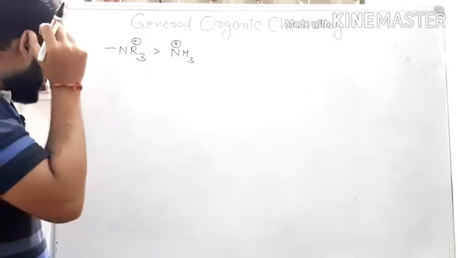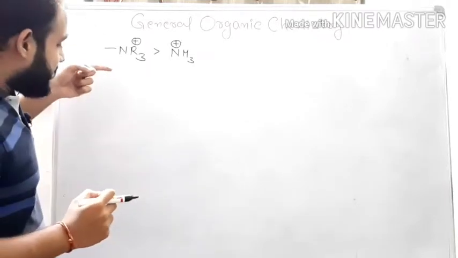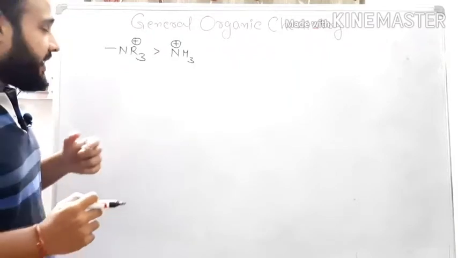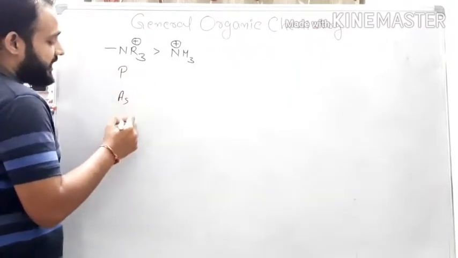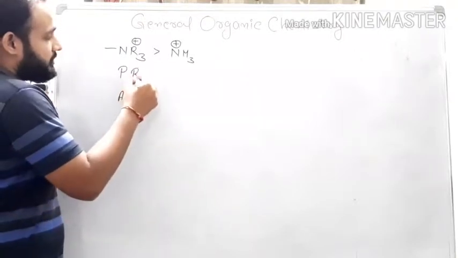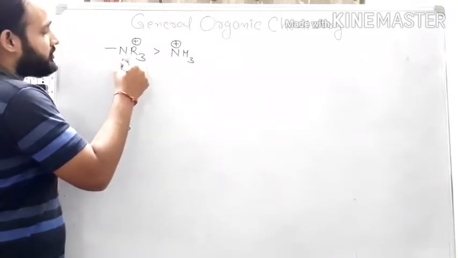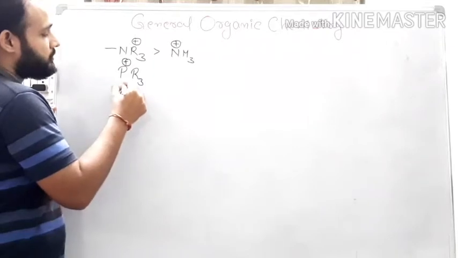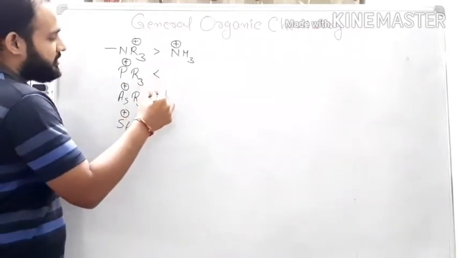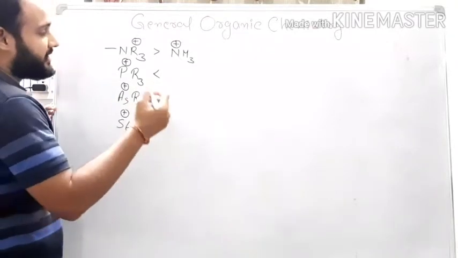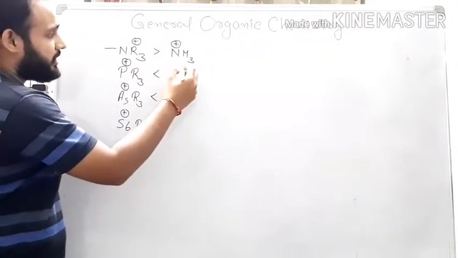But friends, another point is the respective members of the nitrogen family, that is phosphorus, arsenic and antimony. Their compounds with alkyl groups show less minus I tendency compared to their hydrides.